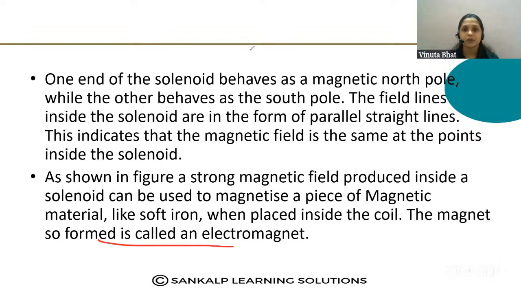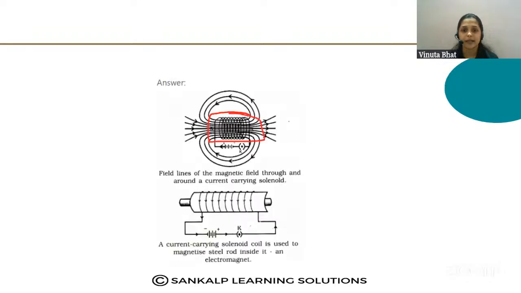So here you can observe how the solenoid acts as a bar magnet. It has magnetic field lines which are parallel inside, and one end acts as a north pole and the other as a south pole. So this is how to magnetize other materials like iron.